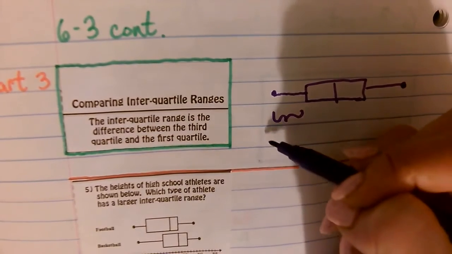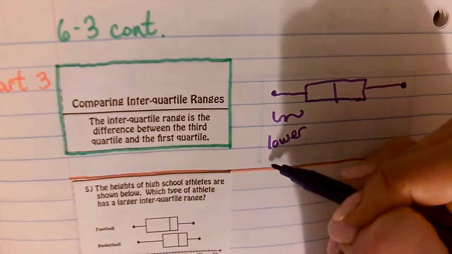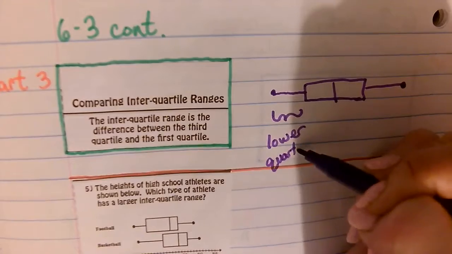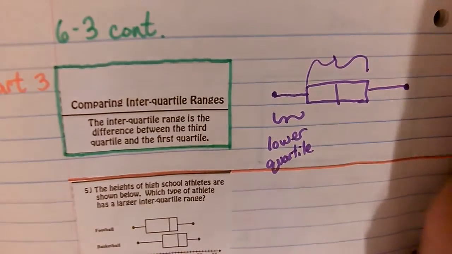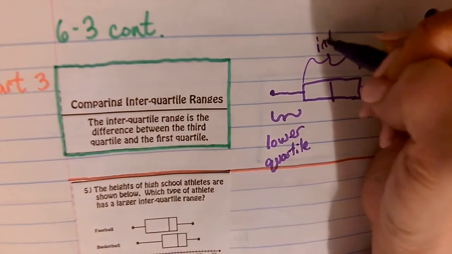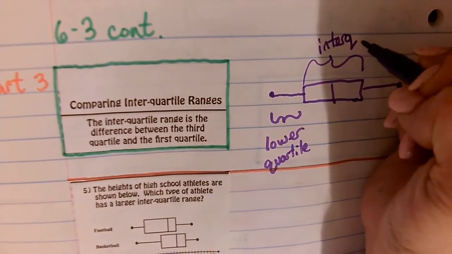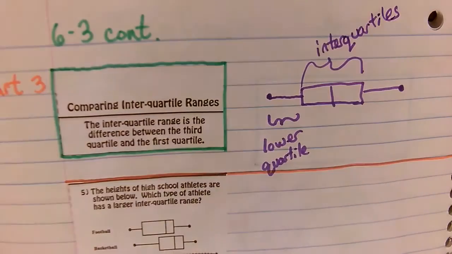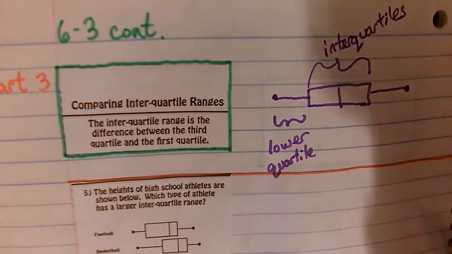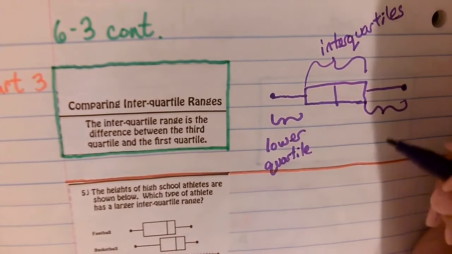This section right here is the lower quartile. These 2 sections here, those are your interquartiles. And that means that the last section, that's your upper quartile.